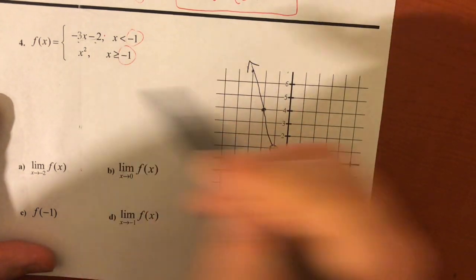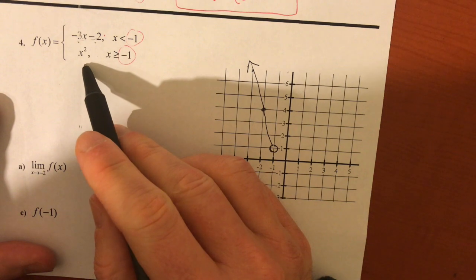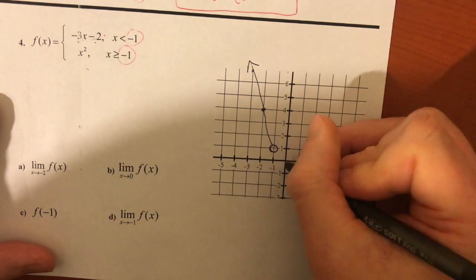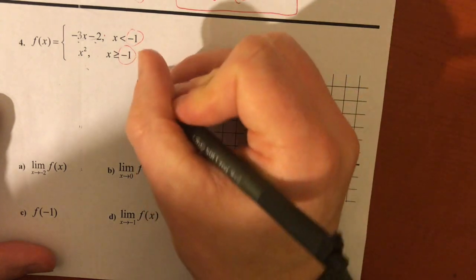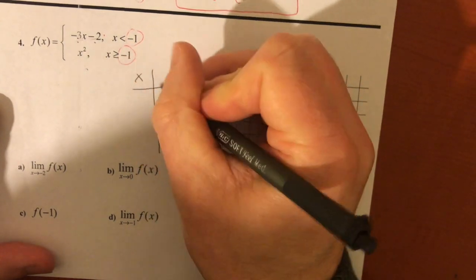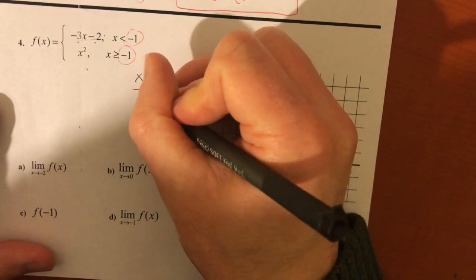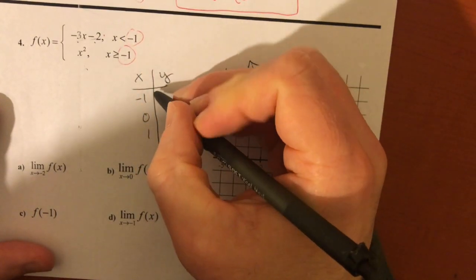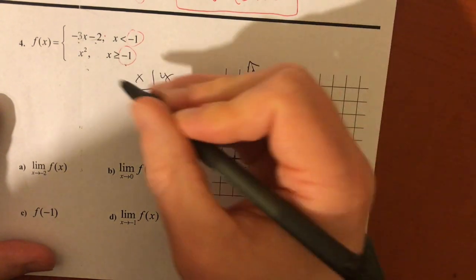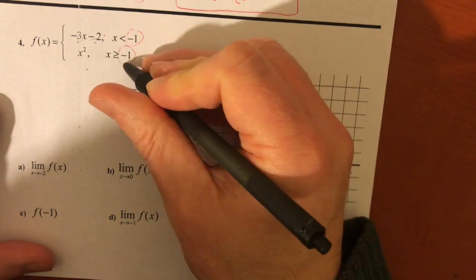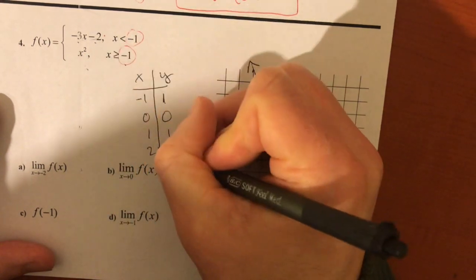This is a parabola with a vertex at 0, 0, opening upwards. But if you want to know where those other x values are, if you're a little shaky with your parabola graphing, you might want to plug in values. When you plug in -1, which is the start of this portion of the graph, -1 squared is 1, 0 squared is 0, 1 squared is 1, 2 squared is 4.